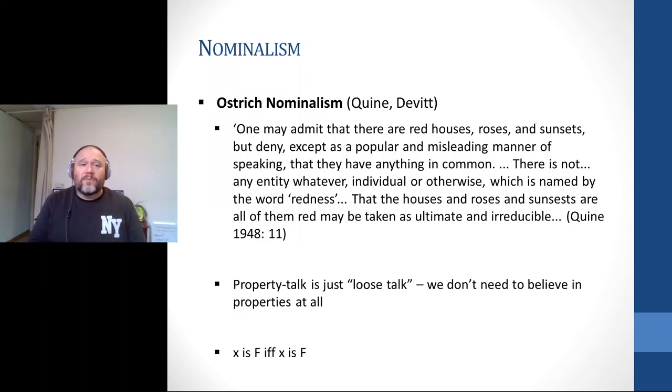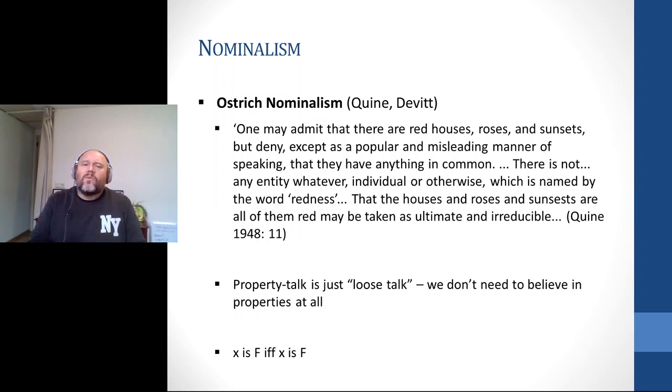So the idea behind the ostrich nominalist is that property talk and this talk about resemblance and things like this, that's just sort of loose talk. We don't need them. If there is anything like resemblance facts, they're fundamental.